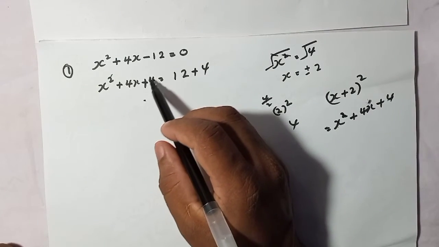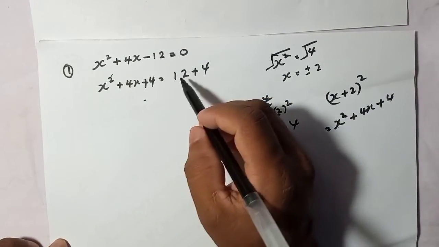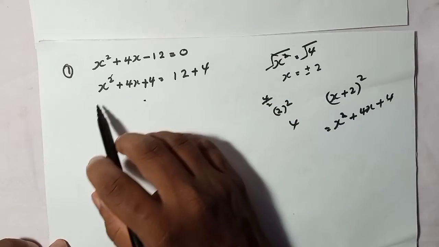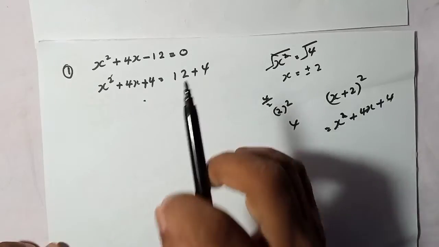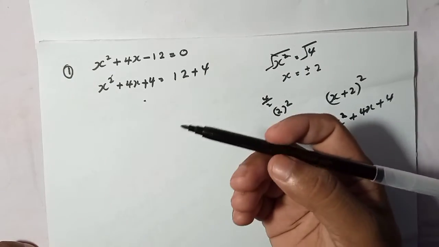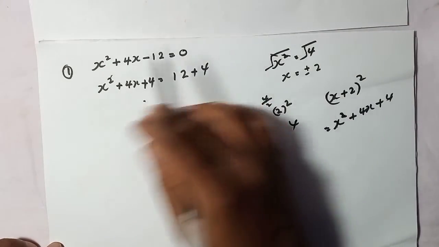First, what number we need to add here, and how to get it. That's the first thing you need to know. The other one is how to make the complete square. You have to decide how to get that number. This is the way: this one divide by 2, get the square of that, add to both sides.